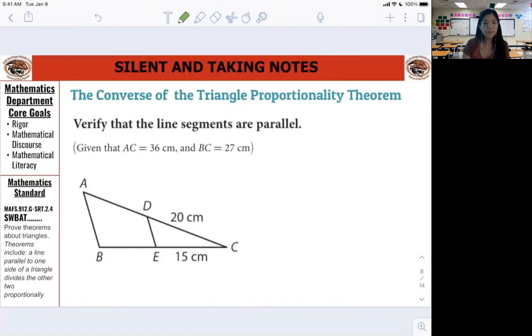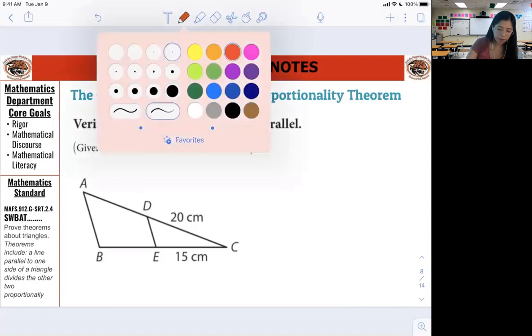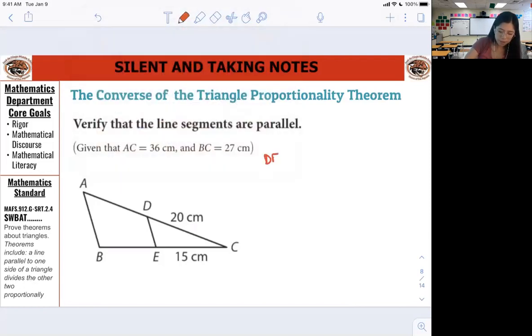So how about this one? Verify, so ask yourself, are they parallel? Is DE parallel to AB? So take a moment, and they give you the missing side lengths. Take a moment and see whether or not this is a true statement.